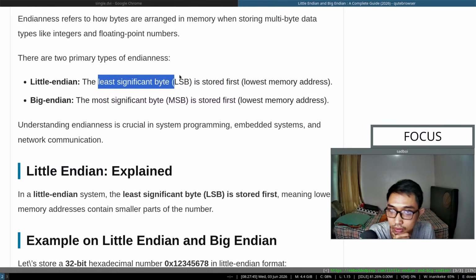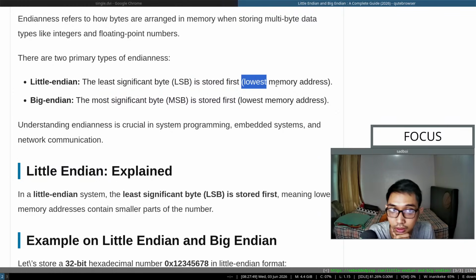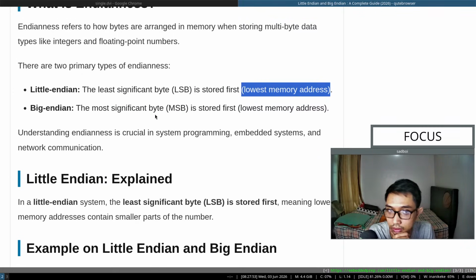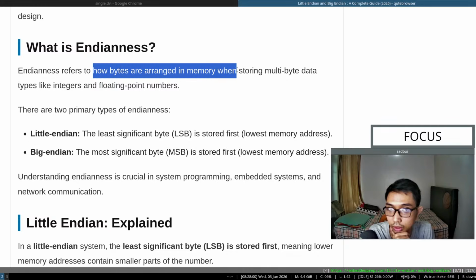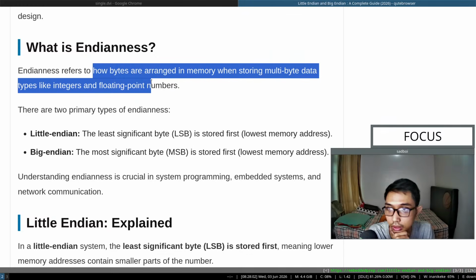The least significant byte is stored first. How bytes are arranged in memory when storing multi-byte data types. Oh, okay.